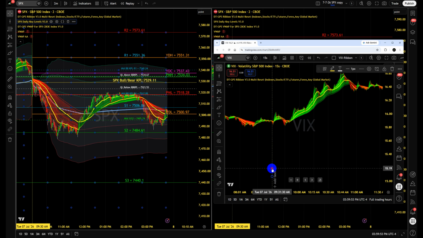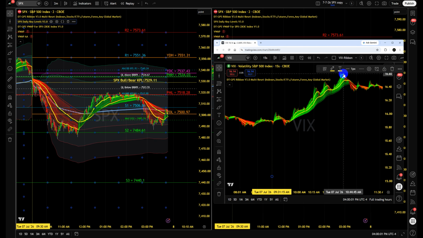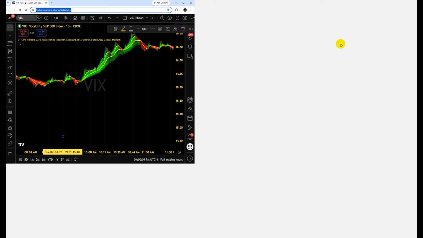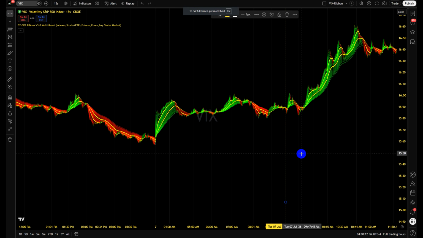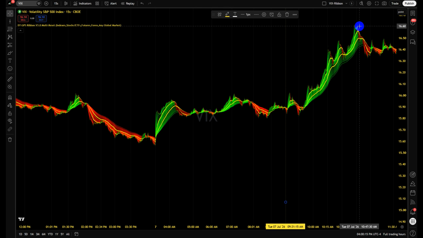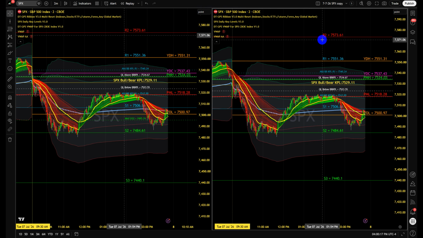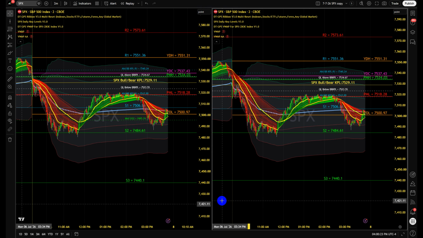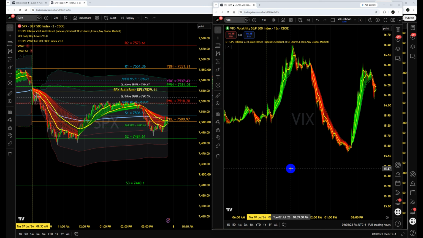But you get the general idea. The main thing we're just trying to look at here is confirmation with the VIX. So we'll just leave it there for right now. Okay, so as you can see here, you can also use the ribbon with the VIX.